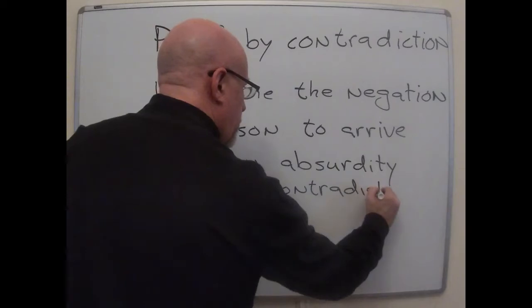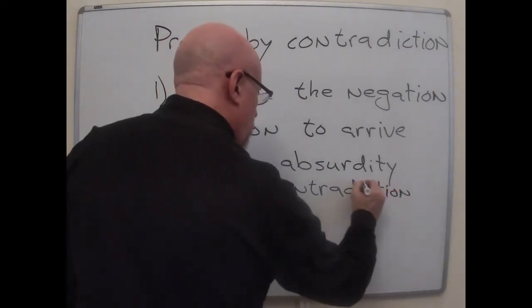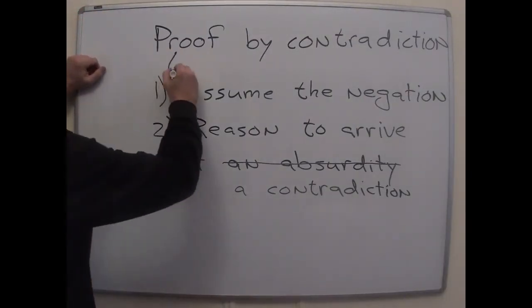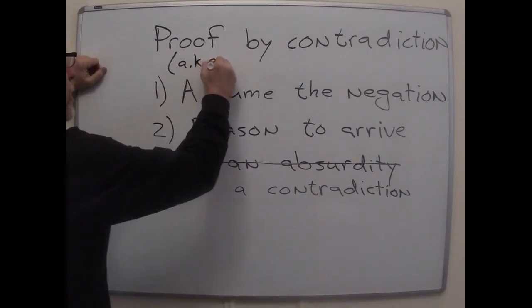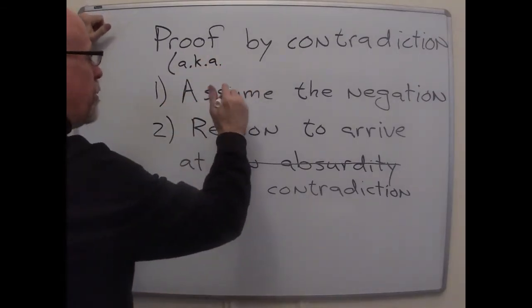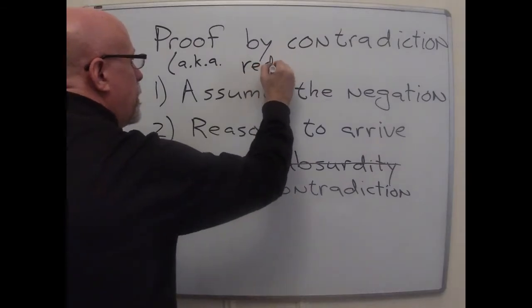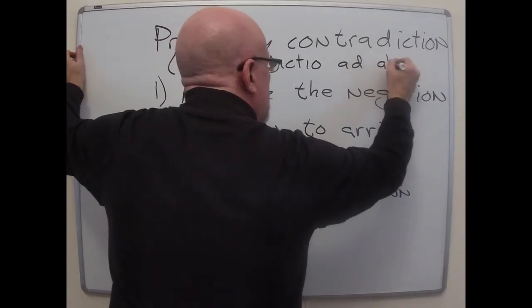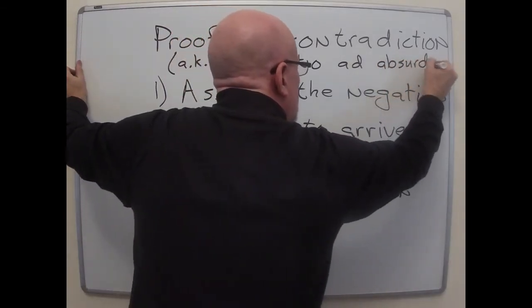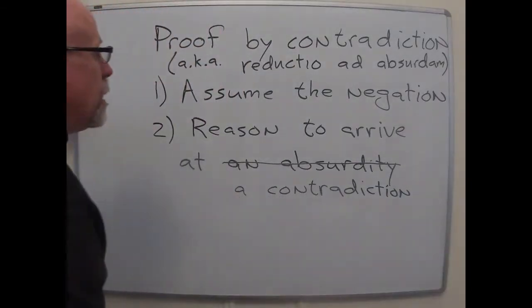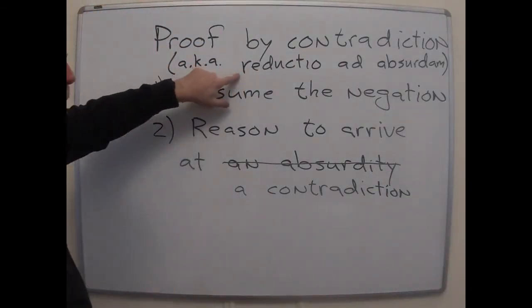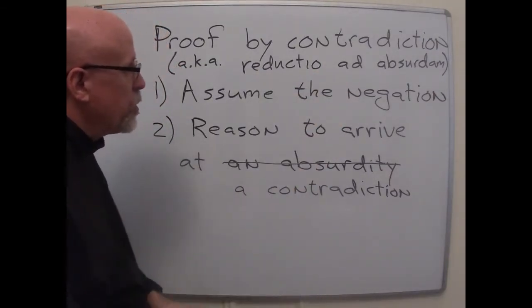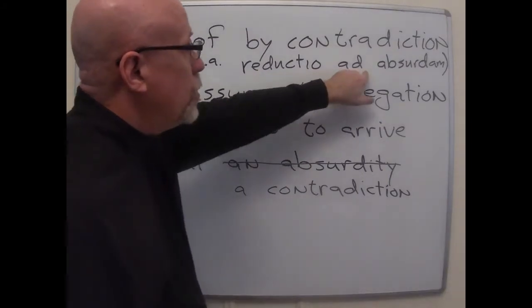I just wanted to put that word absurdity in your heads because this method is also known as, if you speak Latin, reductio ad absurdum. That word means pretty much what it sounds like, reduction. Ad is the Latin preposition "to". So this literally means reduction to absurdity.